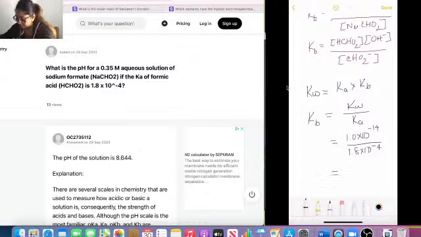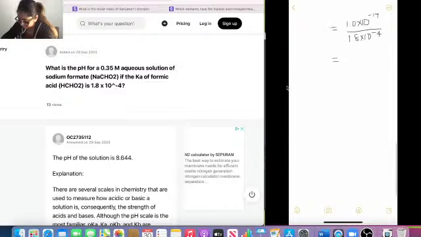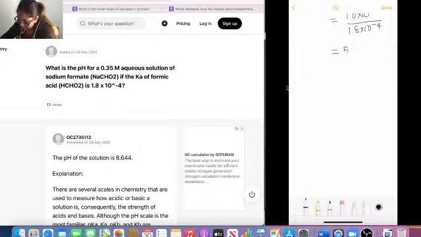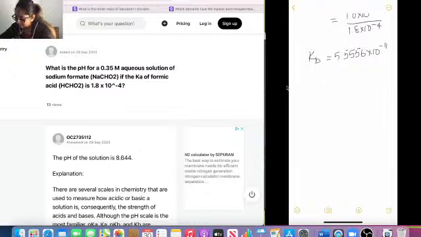You can put this in your calculator, and I've got 5.556 times 10 to the power negative 11. So this is your Kb for your base.